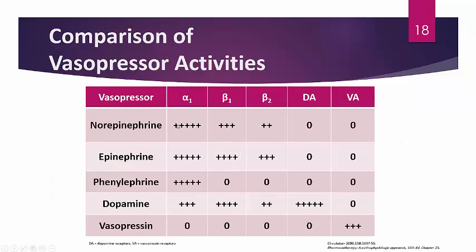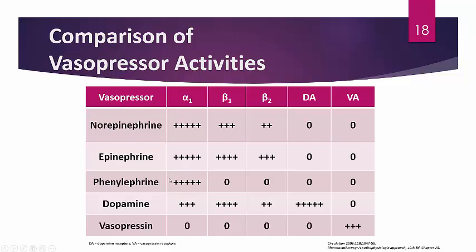So I don't want you to necessarily know that norepinephrine has 5 pluses. But I do want you to know norepinephrine has more of an alpha effect than a beta effect. And epinephrine, though it has more pluses here for the alpha effect, remember we talked about it primarily acting as a beta agent. And this beta agent's actually seen more often than this alpha, even though it does activate this alpha receptor more.